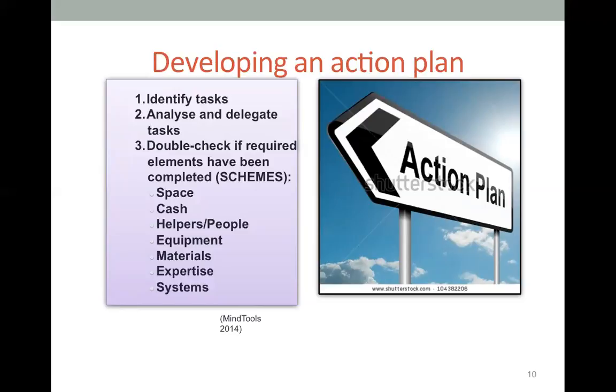This includes space, which is related to where. Cash, helpers or people, and the other resources as well, like materials, expertise, systems. Sometimes we may invite experts from beyond the organization, like a consultant, to come on board and help us address the risks.